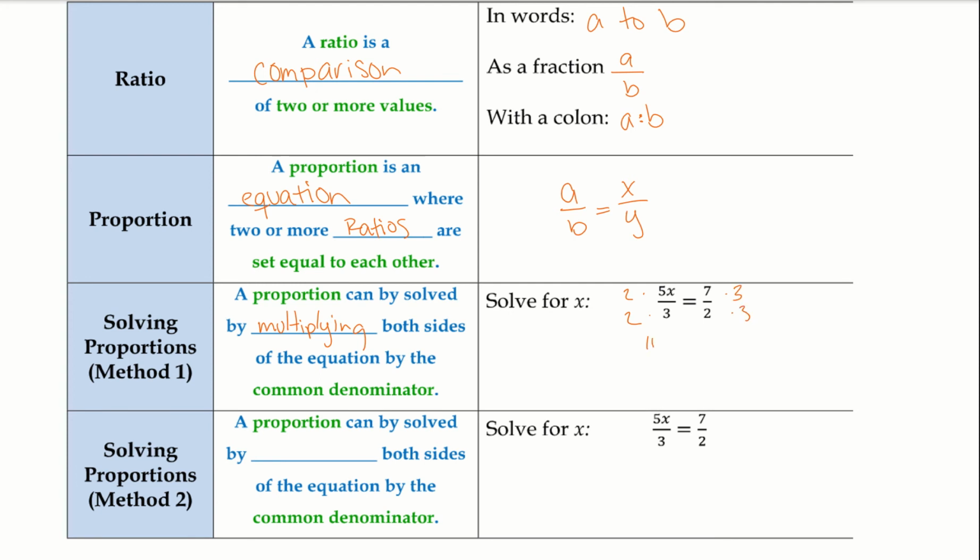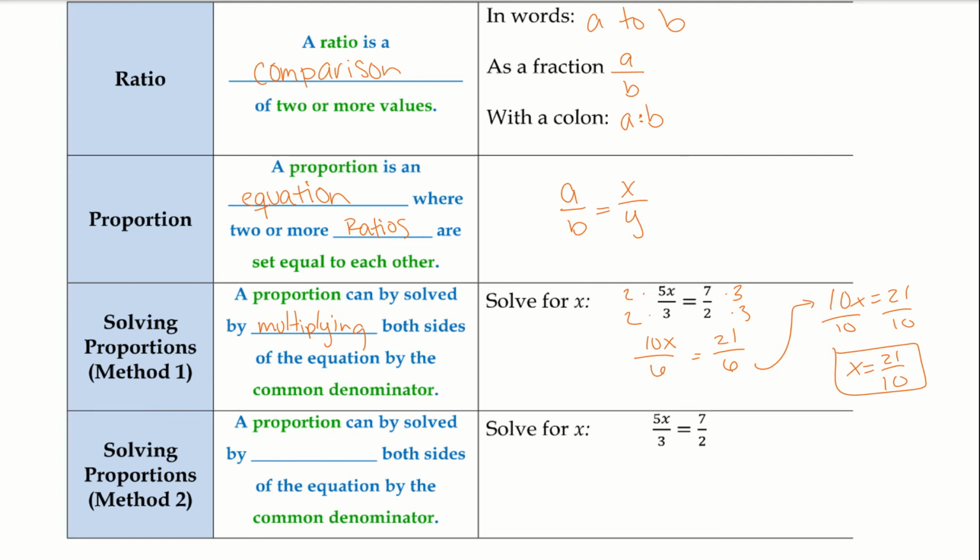So when I do that, I end up with 10x over 6 is equal to 21 over 6. So since my denominators are the same, my numerators have to be the same. So I can just rewrite this as 10x equals 21, divide by my 10 to get x equals 21 over 10. And we can just leave it as a fraction.